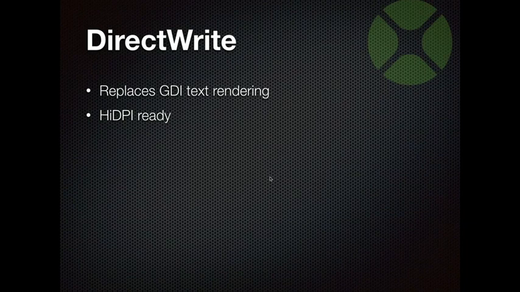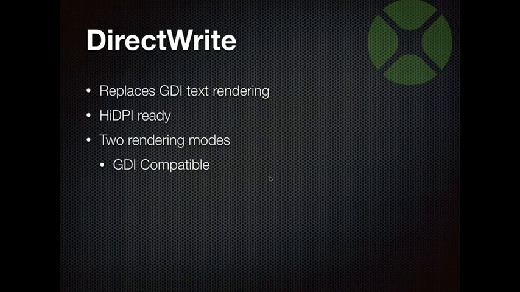Again, it's high DPI ready. You can draw at fractional pixel boundaries. And there's actually two rendering modes. We can make it draw like GDI, or we can make it draw as its default.